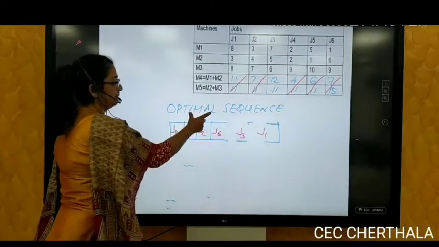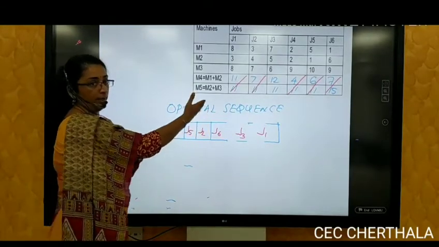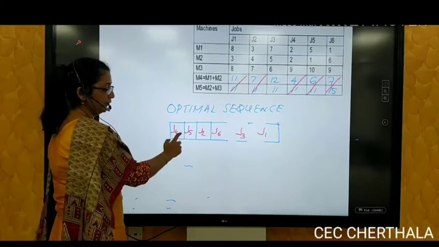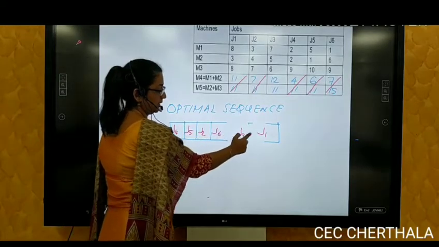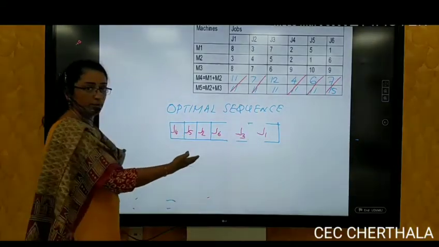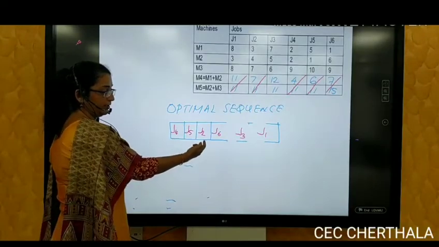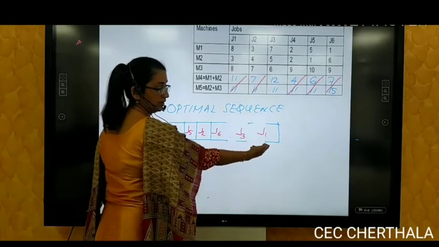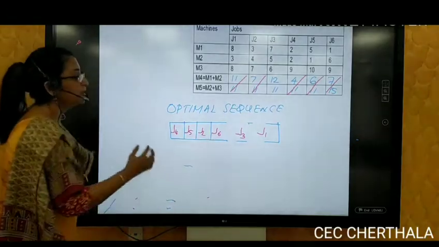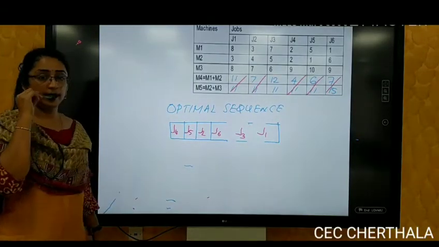So this is the optimal sequence we obtained by applying Johnson's rule: J4, J5, J2, J6, J3, J1. Another possible optimal sequence is J4, J5, J2, J6, J1, J3. That is also correct. Now we have to find the elapsed time.